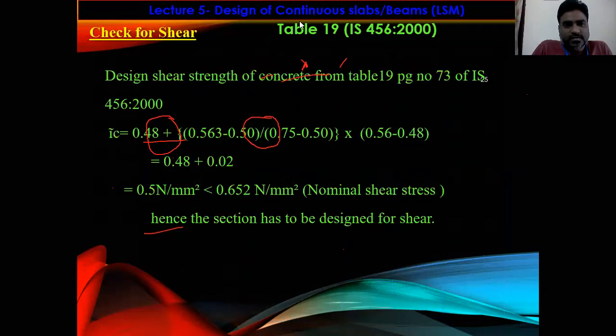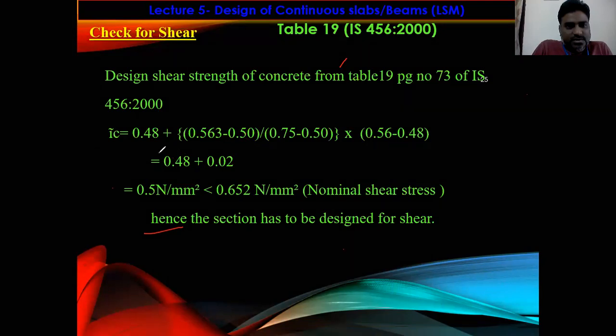So based upon those values, you can interpolate the values by using this equation. So from this, tau c is equal to 0.5 Newton per mm square.